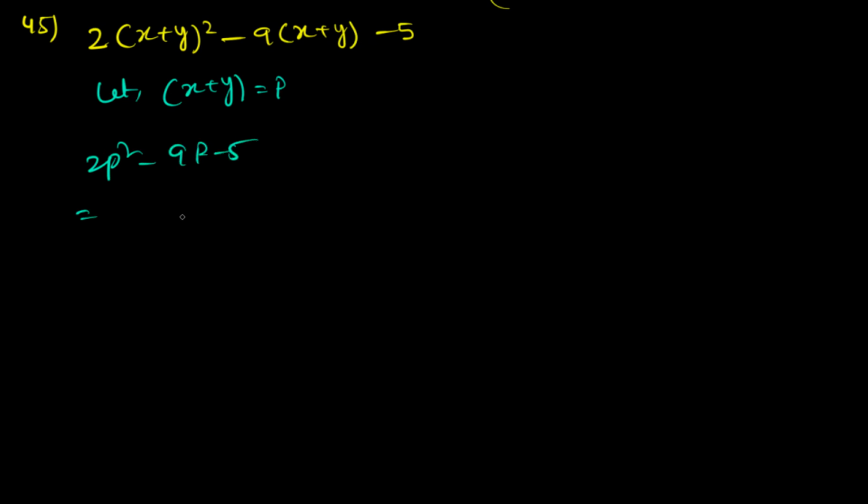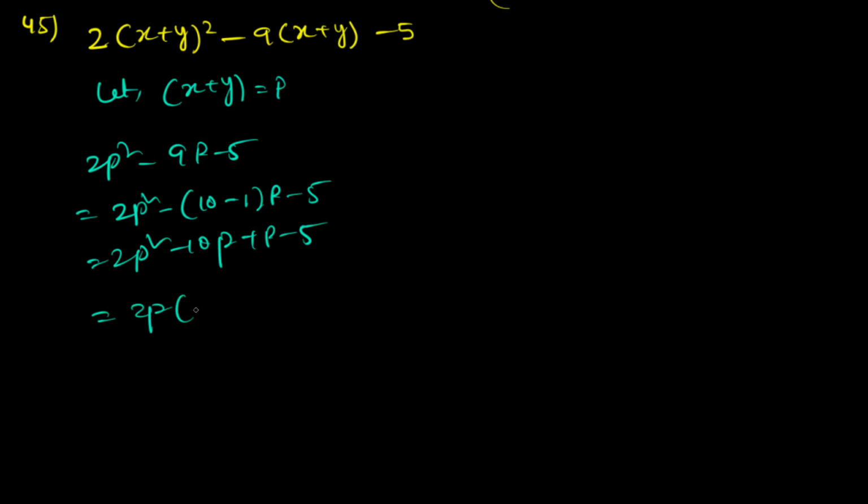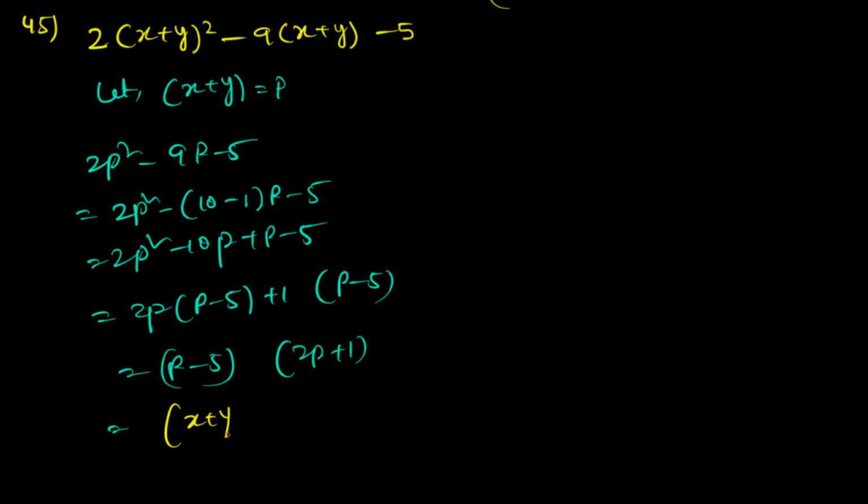And in the same way, if I factorize it, it's 2p square minus 10p plus p minus 5. I can take 2p common, it's p minus 5. I can take 1 common, it's p minus 5. So I can do p minus 5 into 2p plus 1. And I can just put the value of p now. It's x plus y minus 5 and 2x plus 2y plus 1. So question number 45.